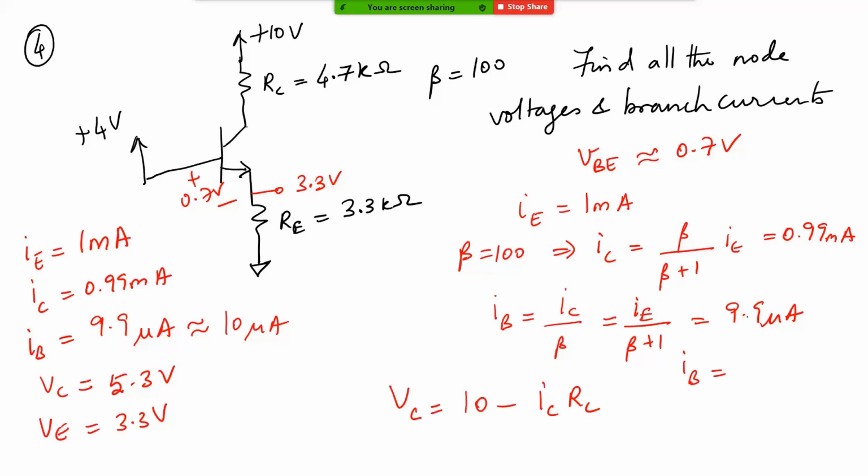Beyond that, there is that level of uncertainty. Even this circuit, when you actually implement, you will not get precisely 3.3 volt here. Why? Because we have just taken it to be 0.7. It can be 0.71, 0.72, 0.69, somewhere thereabouts. RE value will not be 3.3K precisely. It will be slightly different. RC will not be 4.7K. It will be slightly different because of the tolerances.